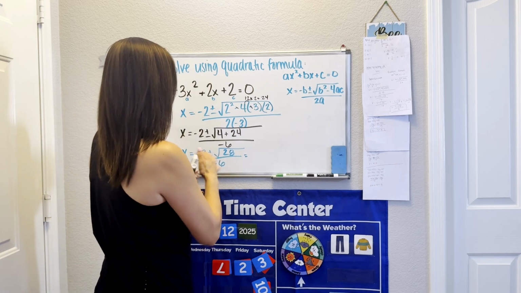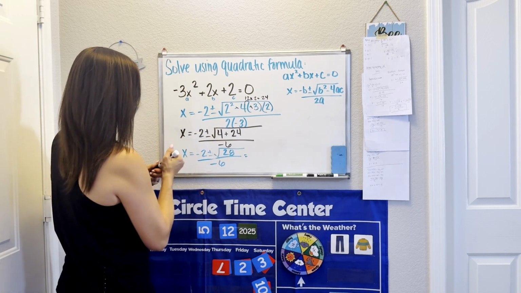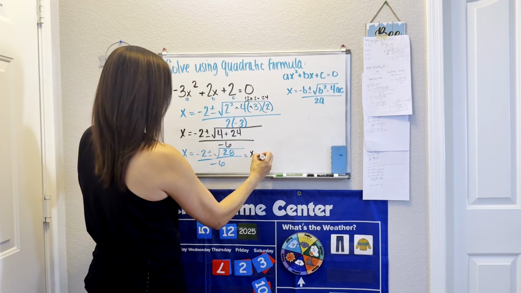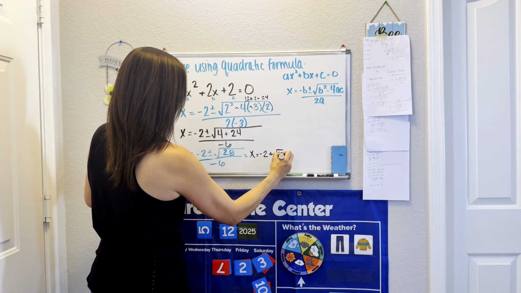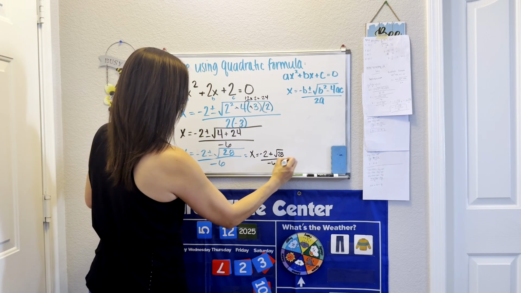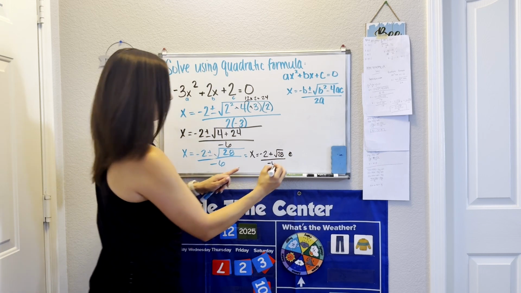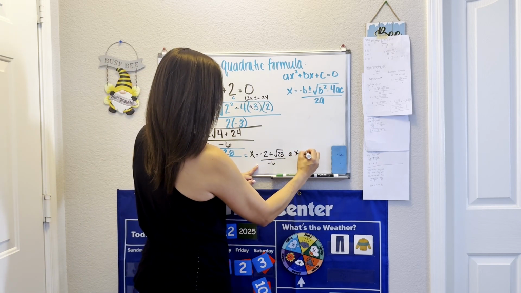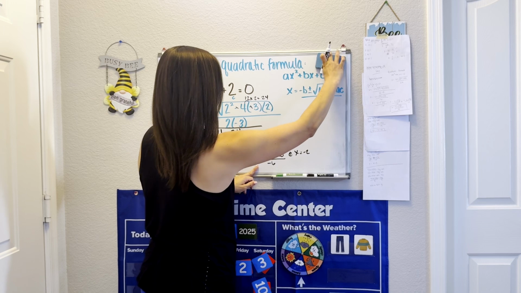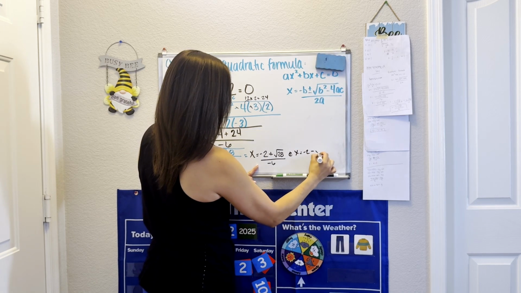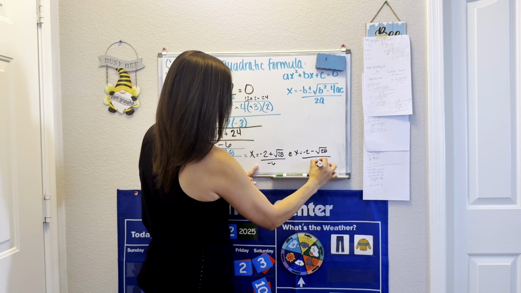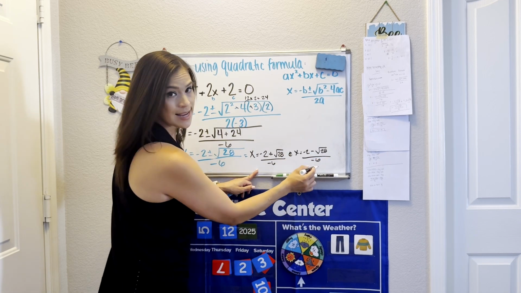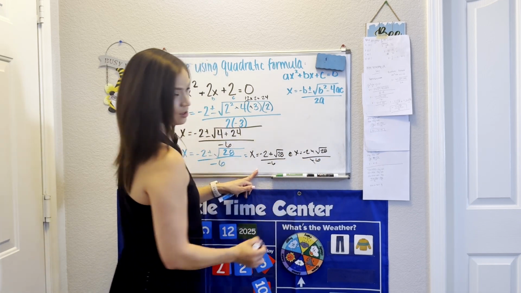So we'll actually just split this problem out into x equals negative 2 plus the square root of 28 all over negative 6, and x equals negative 2 minus the square root of 28 all over negative 6, which in this case, the negatives cancel each other out.